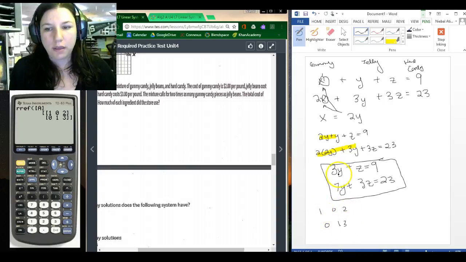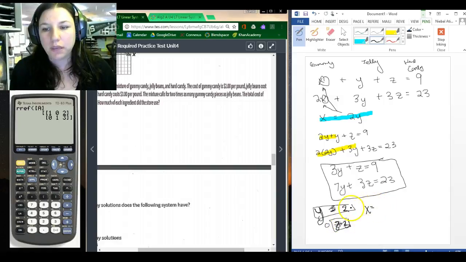So this tells me that my y is equal to 2 and my z is equal to 3. And then I can hop over to this equation. x is twice as much as y, so y was 2, z equals 3, and x is going to be double that, which will be 4.